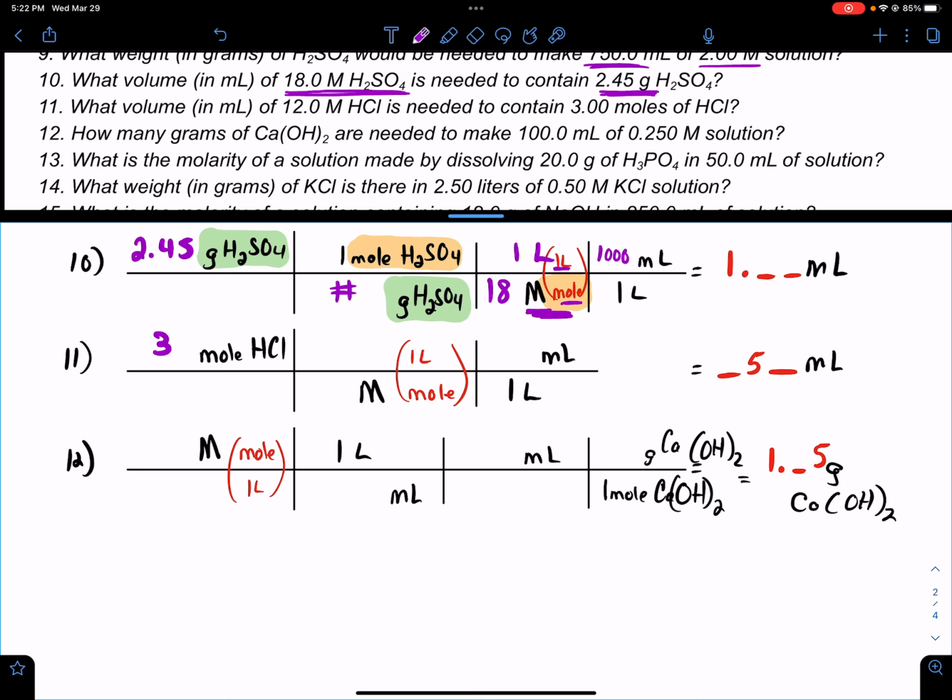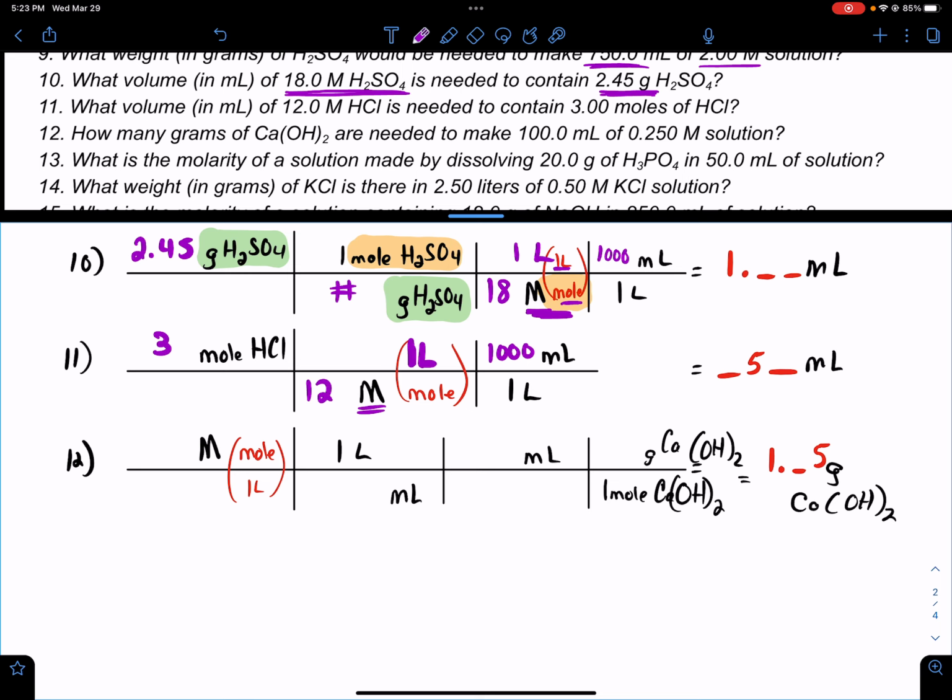And then your molarity is a 12 molar solution. Here's a capital M, 12 molar. What goes on the top? Nothing, because you have the unit already, 1 liter. Once you have your 12 in the right spot, since it's asking for milliliters, you put in your conversion to go from liters to milliliters.